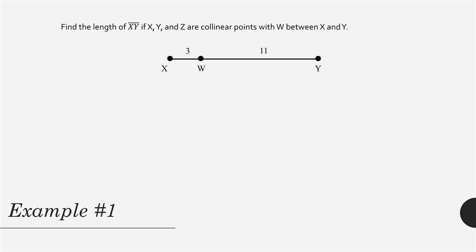Here's an example. Find the length of segment XY if X, Y, and Z are collinear and W is between X and Y. So here's our segment XY, and we can see that W is in between X and Y. The first thing we're going to do is write what's called a geometry statement.